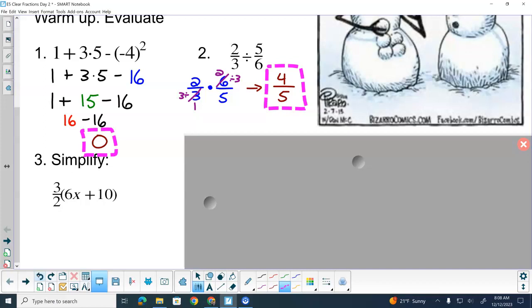Ooh, simplifying this one. What do we do here? There's another one, yeah. That's because I had it hidden. I know, I'm the meanest.